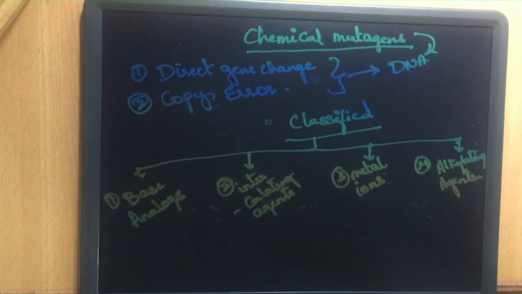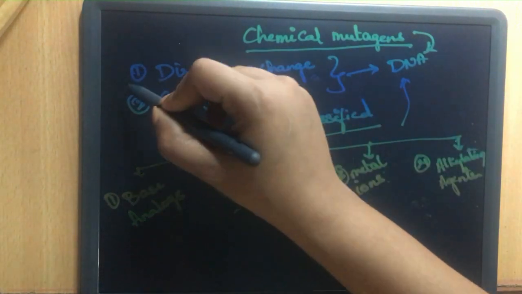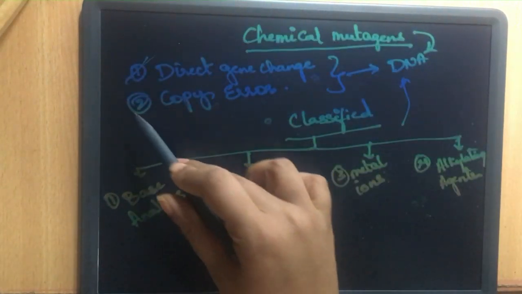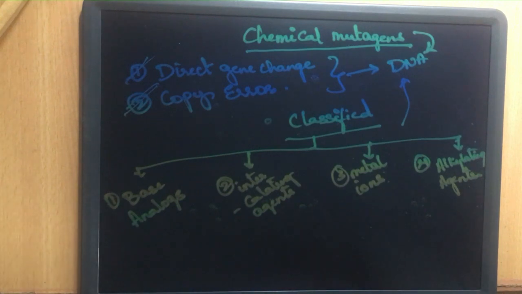So these are the 4 types of mutagens that bring about changes in DNA either through direct gene change or by causing copy error change in the chromosomal DNA. Now let's look into each one of these types.